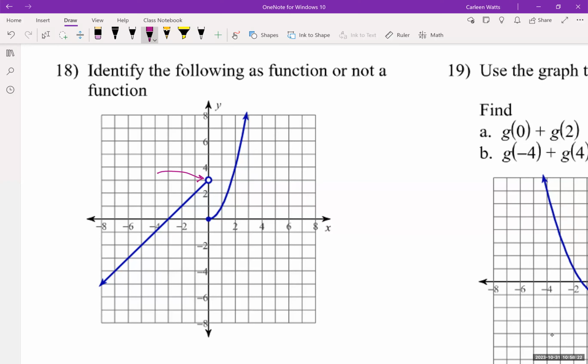Notice does not include and does include. This is a function. So for the piecewise functions, they will never have a point that one x gives you two y. You always have an open circle and a closed circle.